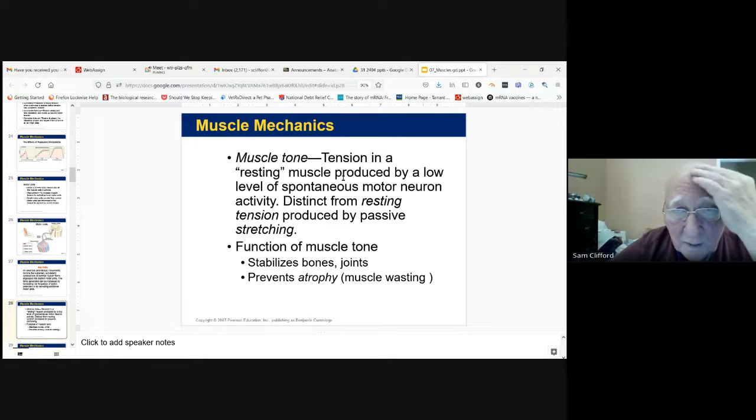So tension, resting muscle is generally in a resting tension so that you can have bones and joints stabilized. You're able to sit, walk, be still, sleep. This constant state of tension and muscle tone helps prevent atrophy, or muscle wasting.